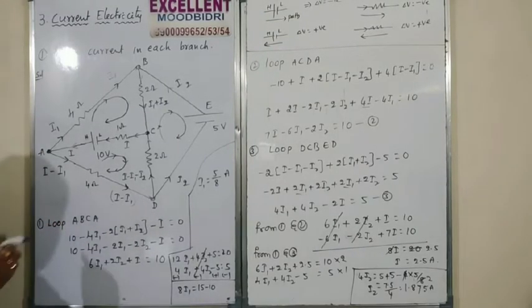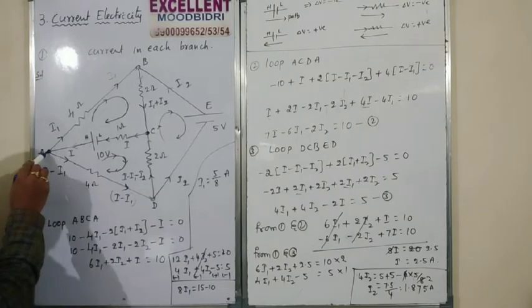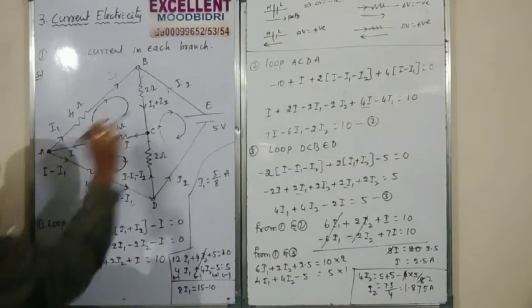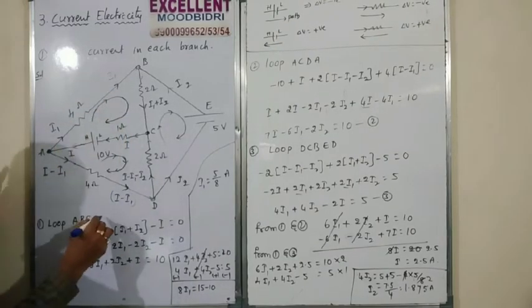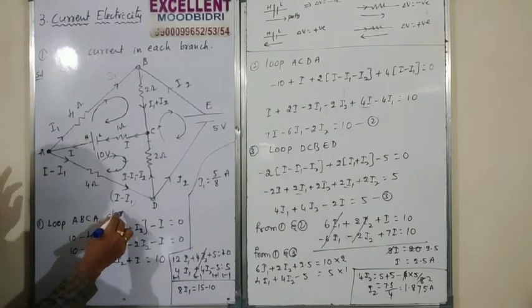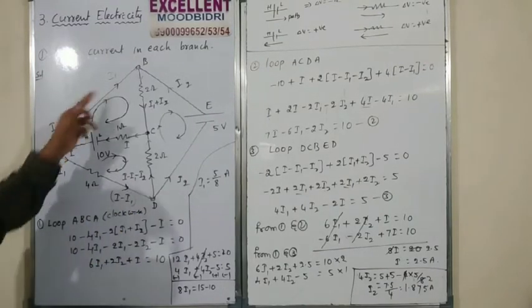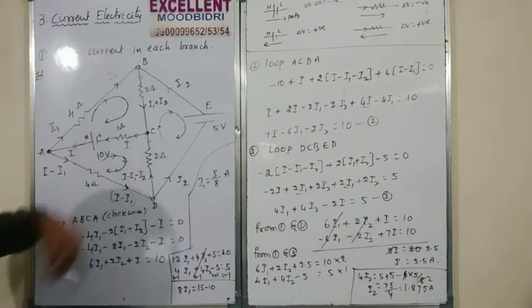Alright, now loop ABCA. I took the clockwise direction, clockwise. Are you clear?